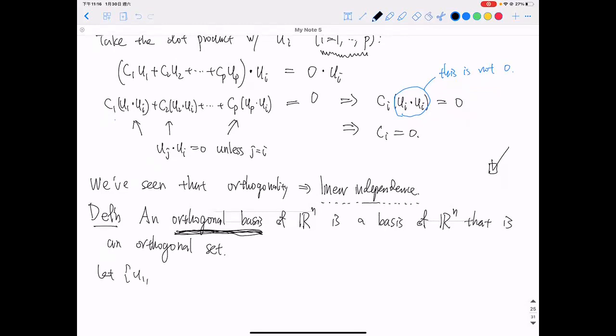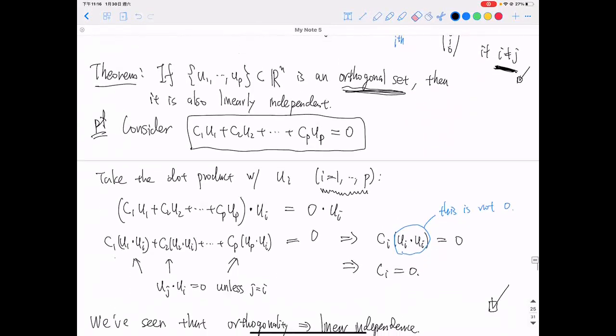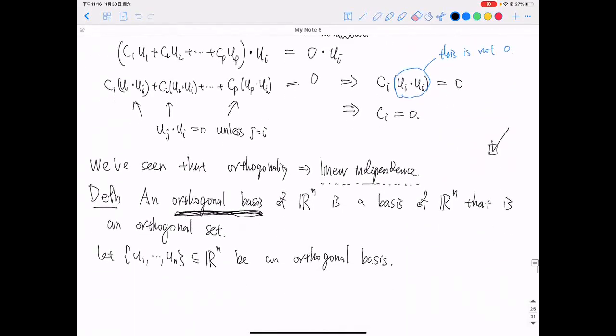Now, suppose we have an orthogonal basis U1 through UN. Sorry. In fact, there's no reason to demand that this is a basis of Rn.